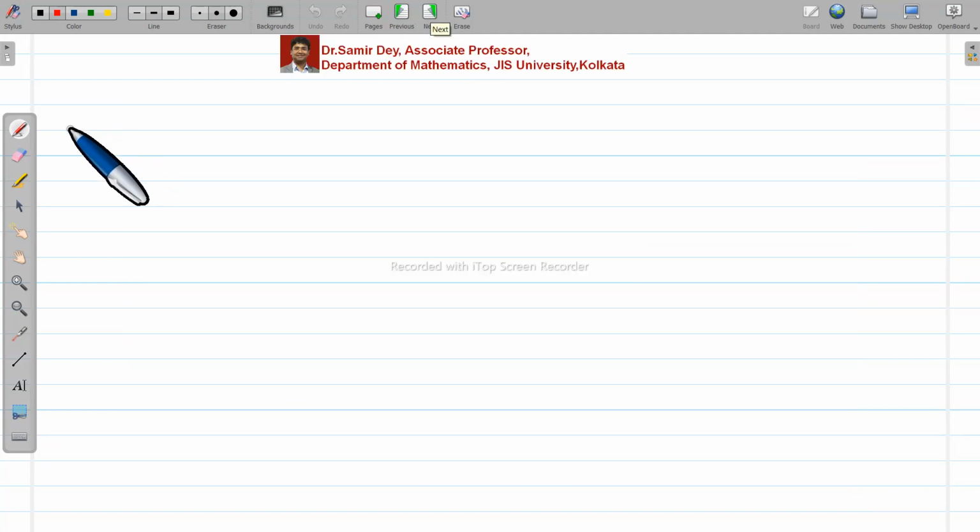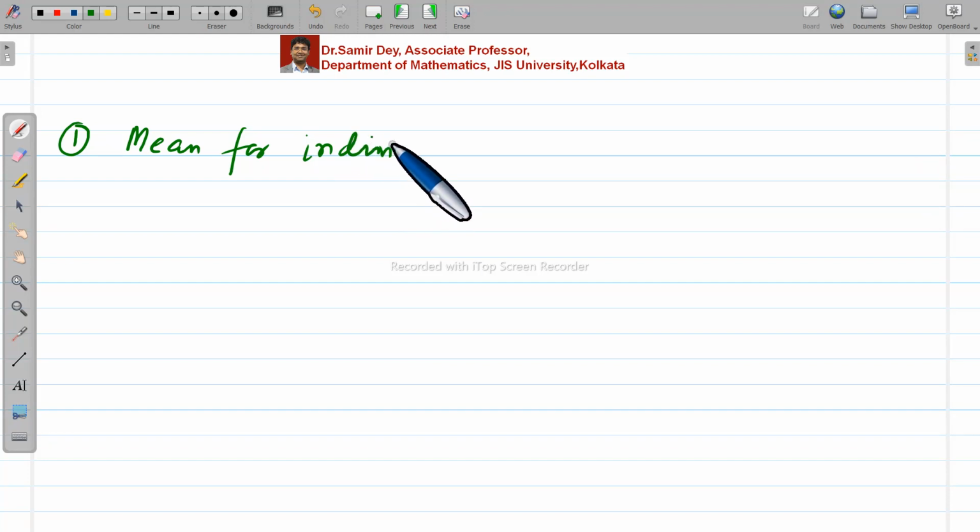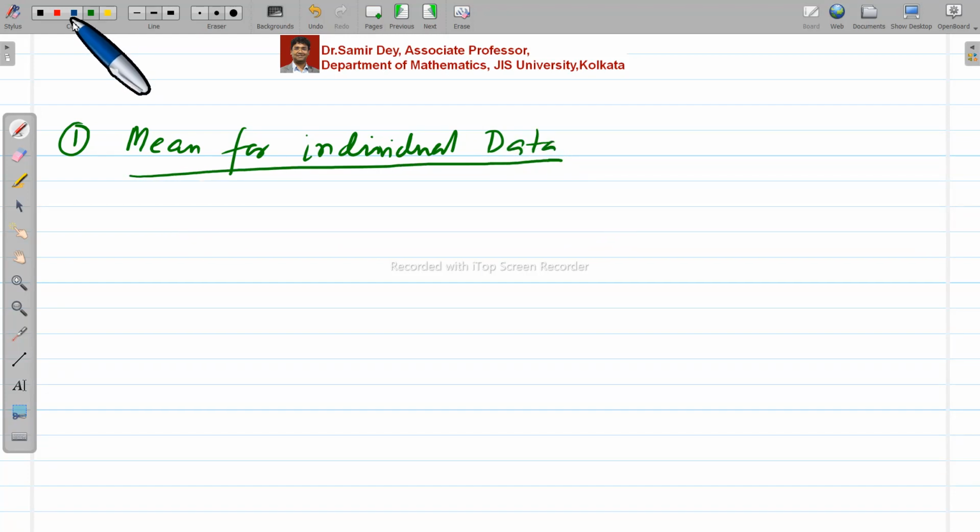Now, first you write down the heading: mean for individual data. Suppose you have the values x1, x2, x3, ..., xn.